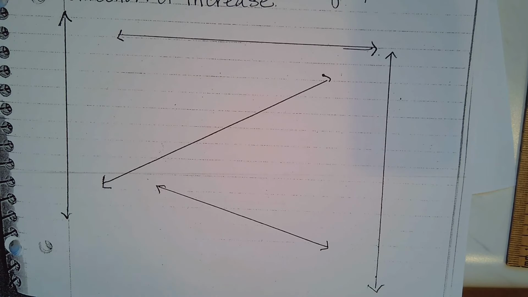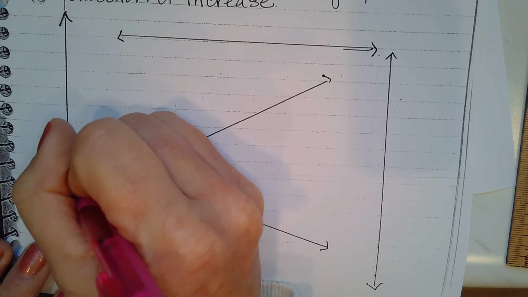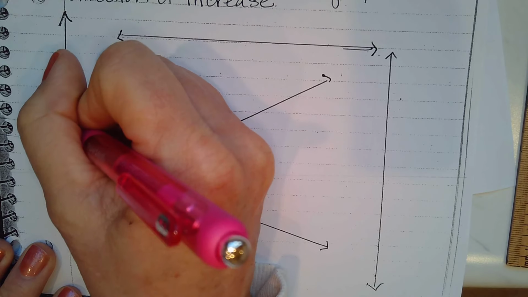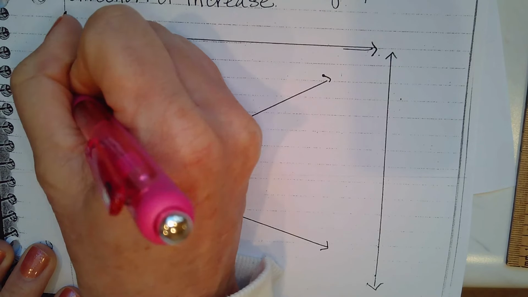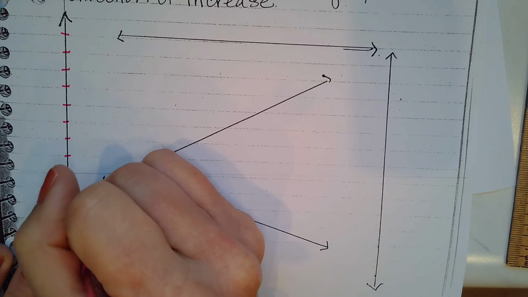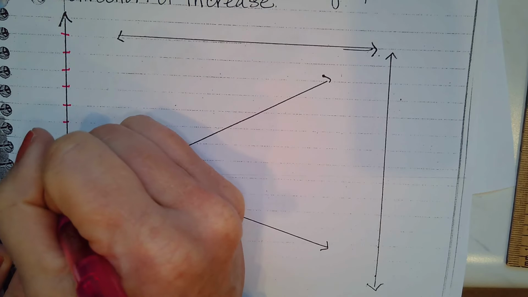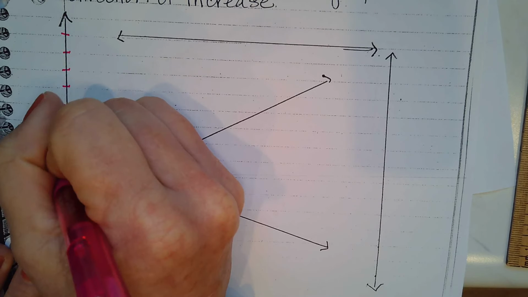I want you to see that number lines can look so many different ways. So we're going to start out by 0, 1, 2, 3, 4, 5, 6, 7, 8, 9, 10. So this number line is going to increase by 1 starting at 0.